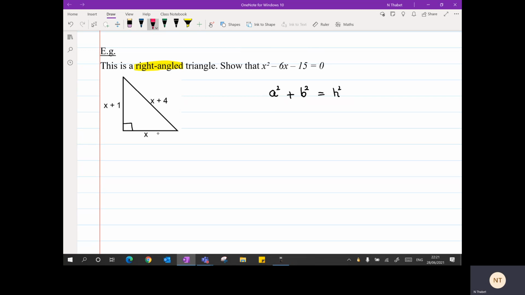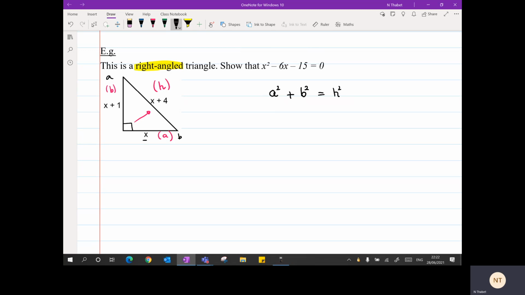So A is one of the shorter sides, and B is one of the shorter sides, and the hypotenuse is the side opposite the right angle. So A squared, and again, it doesn't matter which one you call A and B. I could have called this A, I could have called this B, doesn't matter.